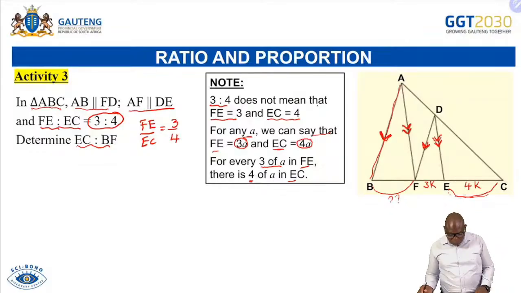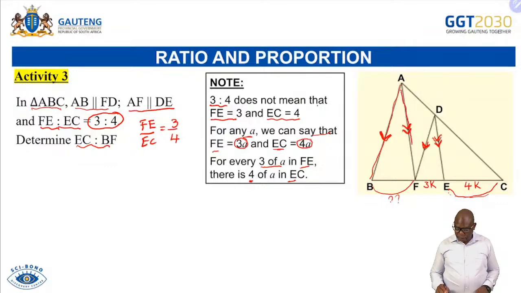Now, what is the first thing that I need to do? I need to look at the parallel lines. I have these parallel lines here, and those parallel lines there, and they are in this triangle, if you can check. This is where I've got my 3K and 4K.